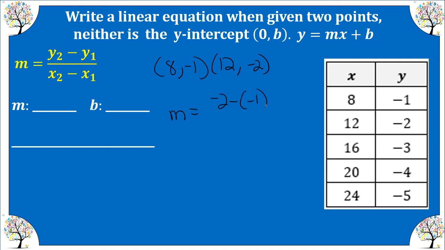-2 minus -1 over 12 minus 8. Keep, change, change. This gives me -1 over 4. So we have -1 over 4 for our slope. So that's y equals -1 over 4 times x plus b.